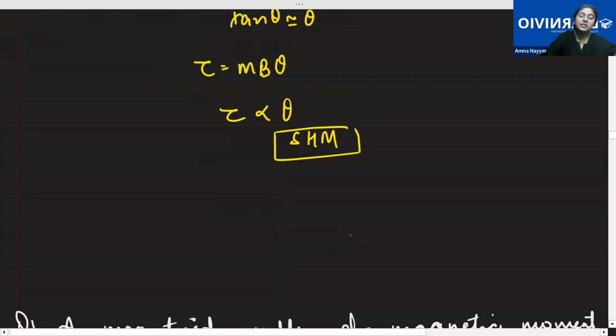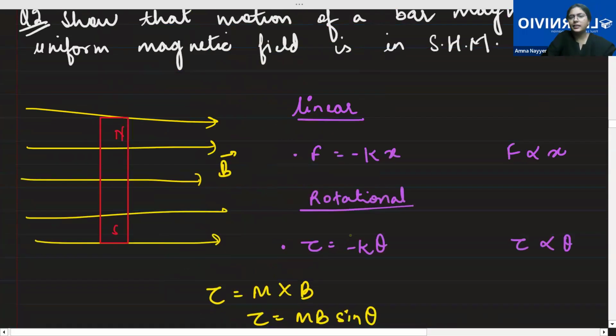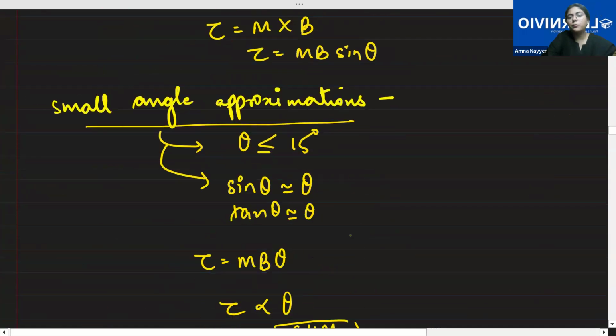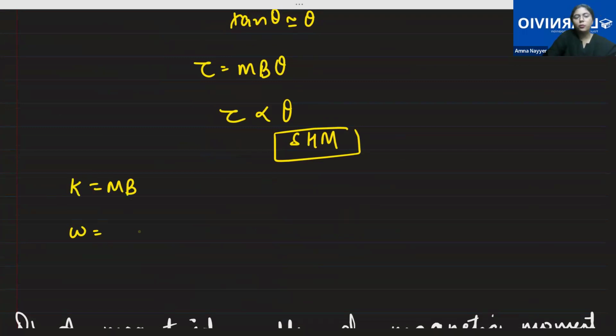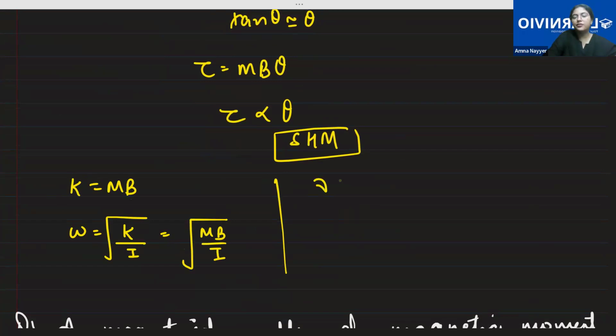But further, this is a question from the board's paper, but if a modification or one or two more steps can come, that is, K's value from here will be mB. Omega is equal to under root of K by I, where I is the moment of inertia. So you can write this as under root of mB by I. Now, once you know omega, you can say linear frequency is equal to omega by 2 pi.